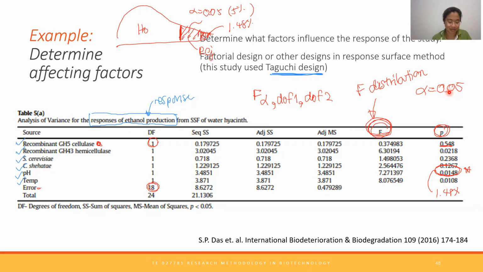So in this one, you see that you are doing testing. The total number of hypothesis tests is 6 hypotheses, 6 tests. The first test is to see whether changing the level of cellulase will change the ethanol production. Then changing the level of hemicellulase will change the amount of ethanol produced. Also with the rest.